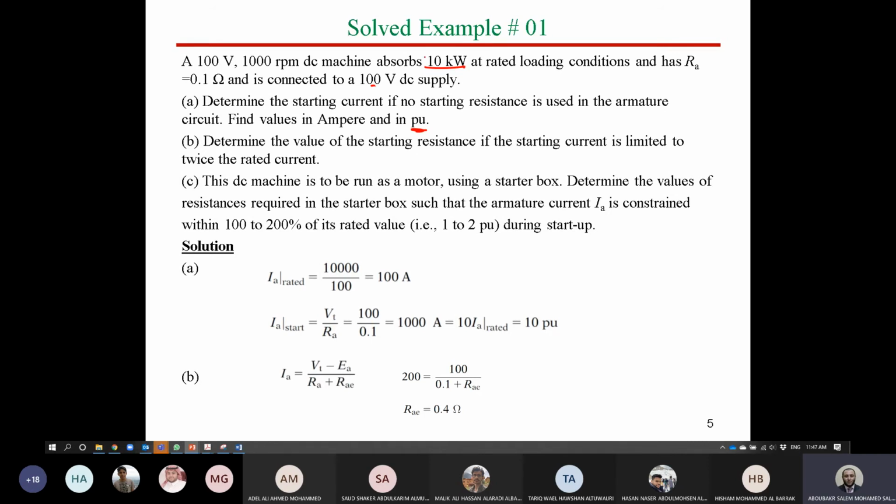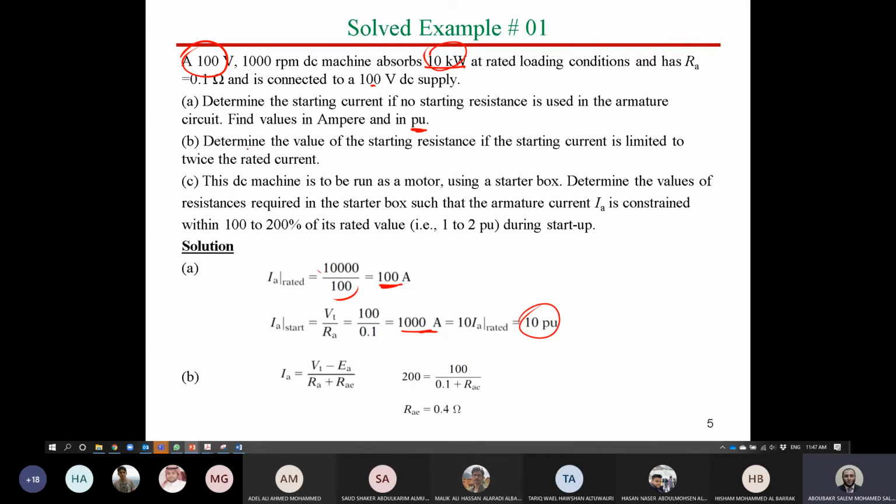Rated current is obtained by dividing rated power over rated voltage: IA rated equals 10 kilowatts over 100 volts, so the rated current is 100 amperes. Now the starting current is V over R, with V equal to 100 volts and R equal to 0.1 ohm, so the current is 1000 amperes. That is 10 per unit, 10 times the rated current. So we recognize the problem of the starting value.